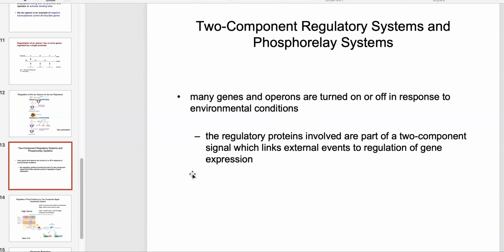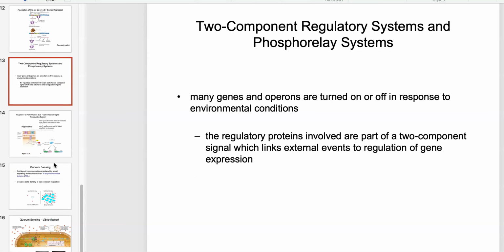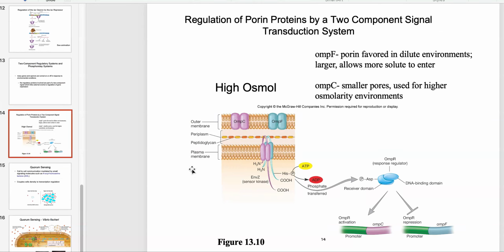So a lot of gene expression relies on two-component regulatory systems and phosphorylated systems in bacteria. And so I'll talk a little bit about those. The prototypical example of that would be the regulation of porin proteins by two-component signal transduction systems in bacteria.